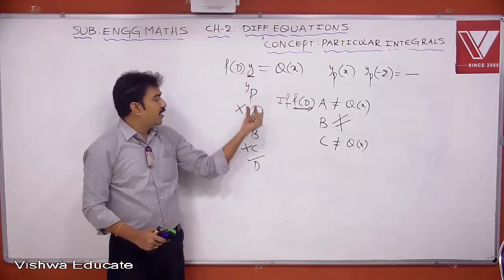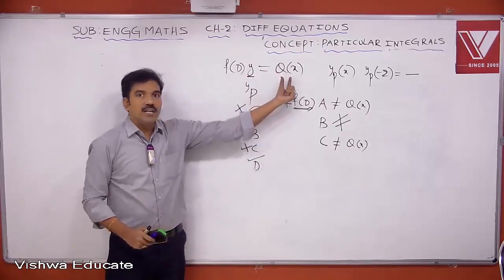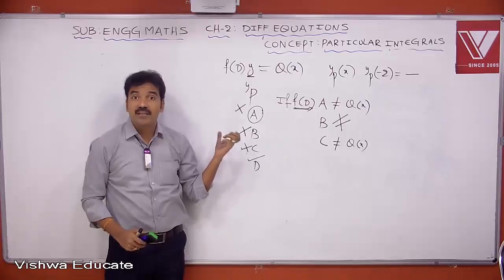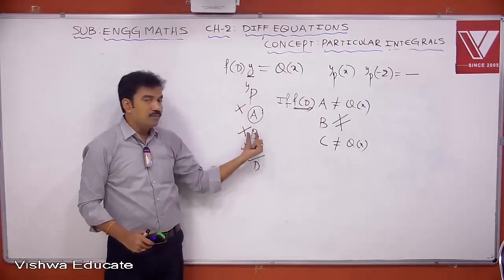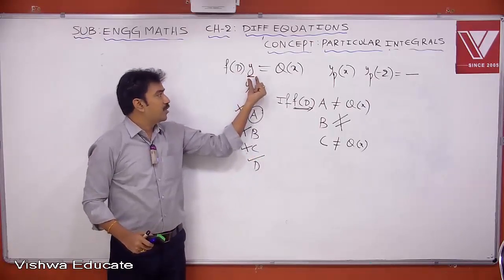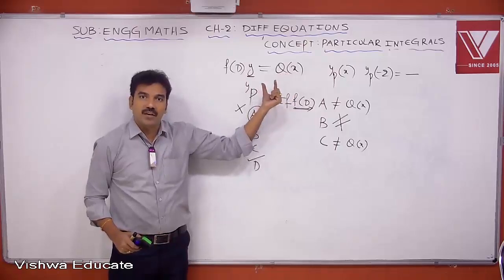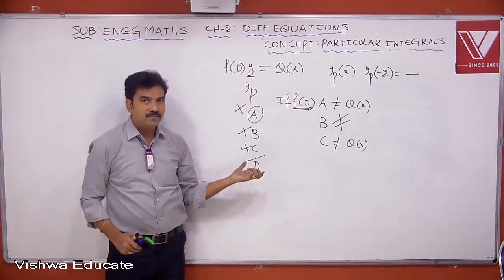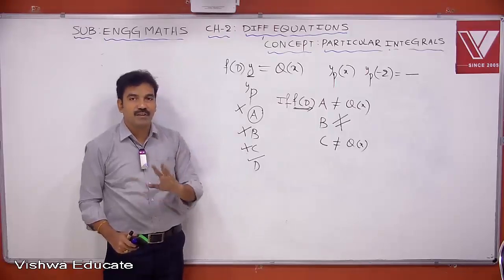So apply f of D for option A. If you get q of x, take it as granted, so A is the right answer. You need not go for B, C, D. Otherwise go for option B. If f of D of option B is q of x, then B is the right answer. Otherwise verify C. Otherwise D is the right answer. If options are given, there is a chance for verification.